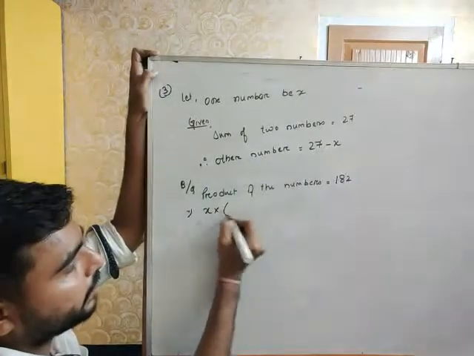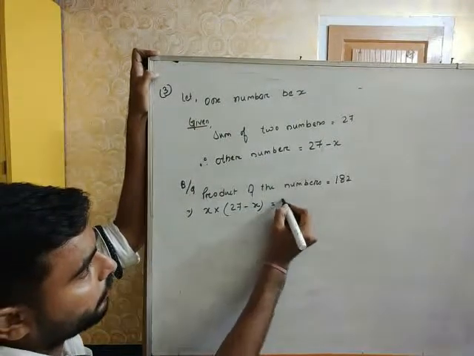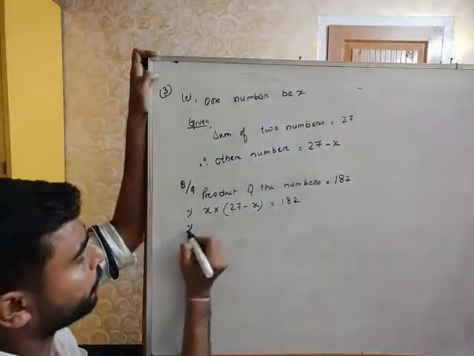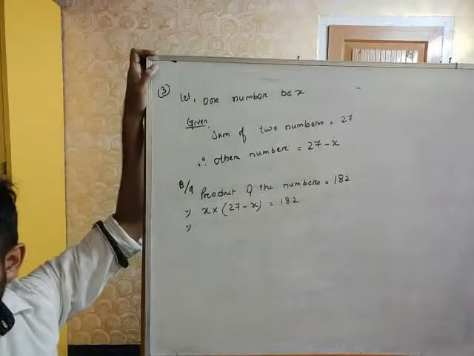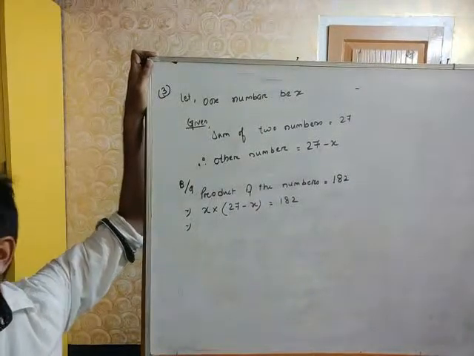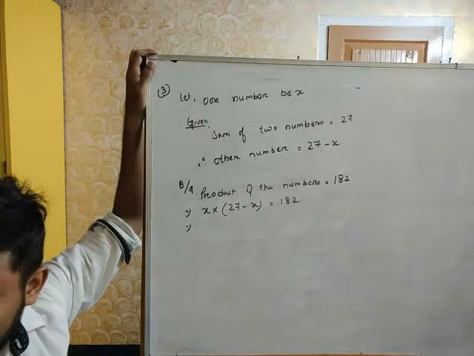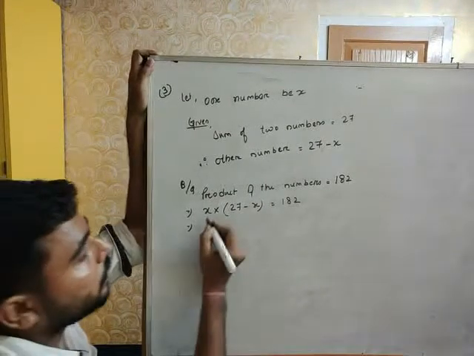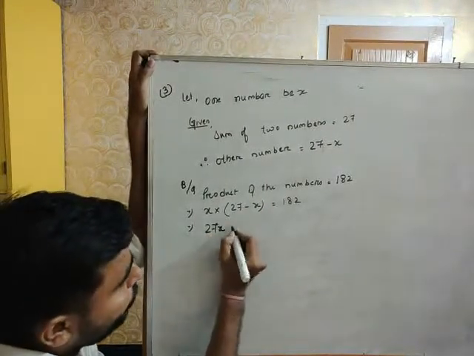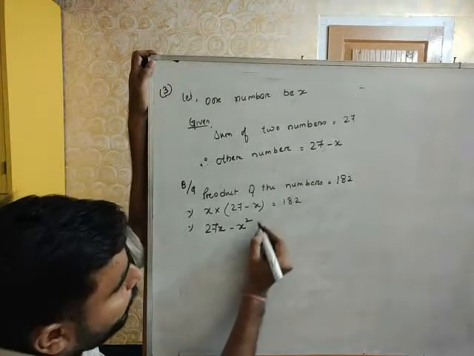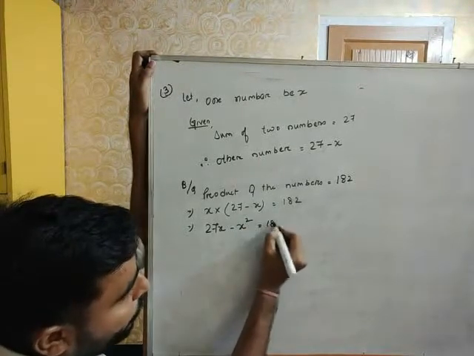So product means x into 27 minus x is equal to 182. So x into 27 is 27x, x into x is x square, is equal to 182.